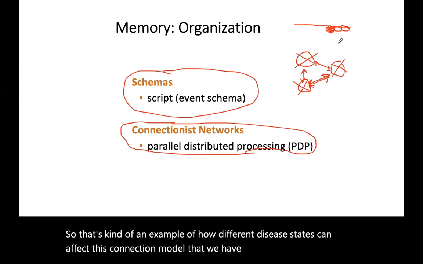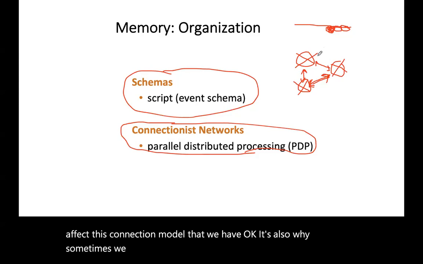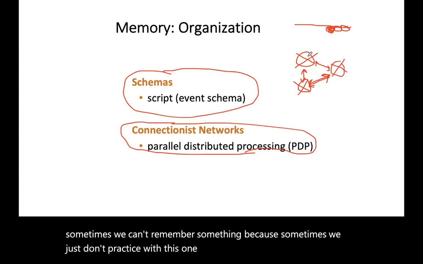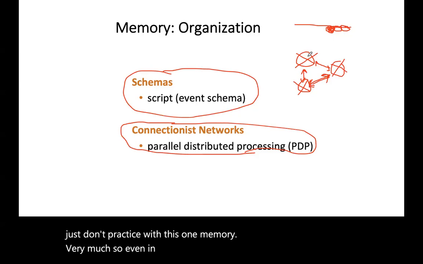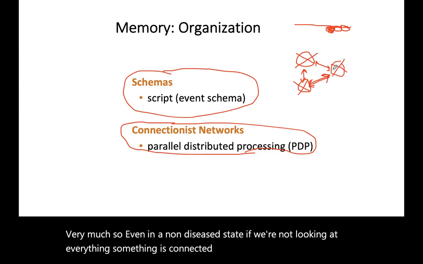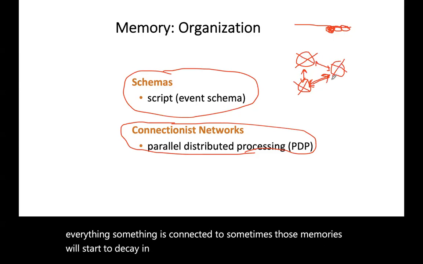It's also why sometimes we can't remember something, because sometimes we just don't practice with this one memory very much. So even in a non-disease state, if we're not looking at everything something is connected to, sometimes those memories will start to decay in that connection or in that network, okay?